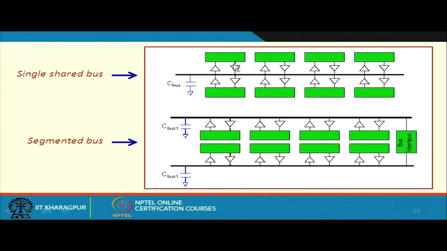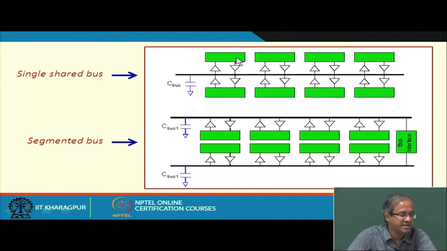And the other thing is that if you look at a particular block, let us say this driver, the output of this driver is driving so many buffers 1, 2, 3, 4, 5, 6, 7 and also itself 8. So, fan out is 8, right, and because the bus is long, so the parasitic capacitance will be something like C bus.